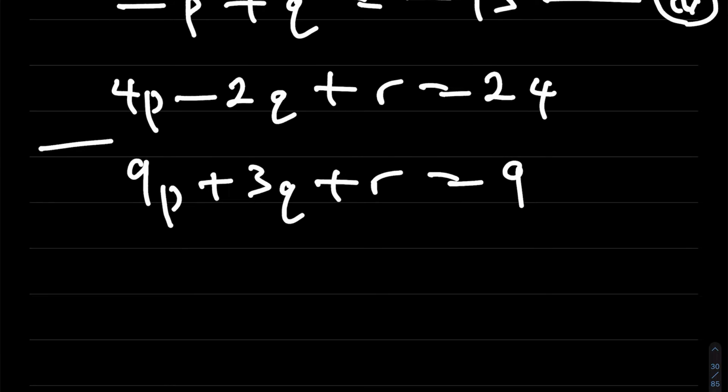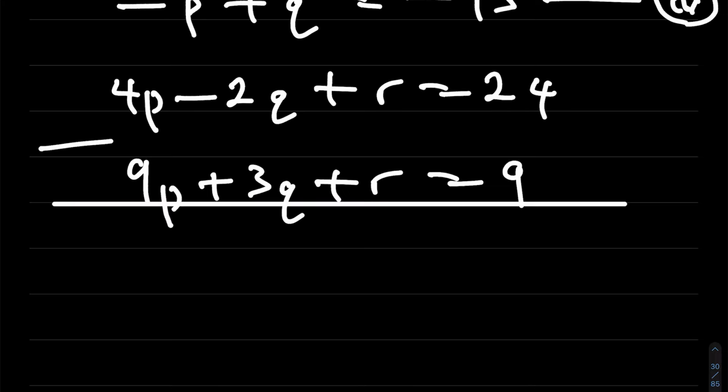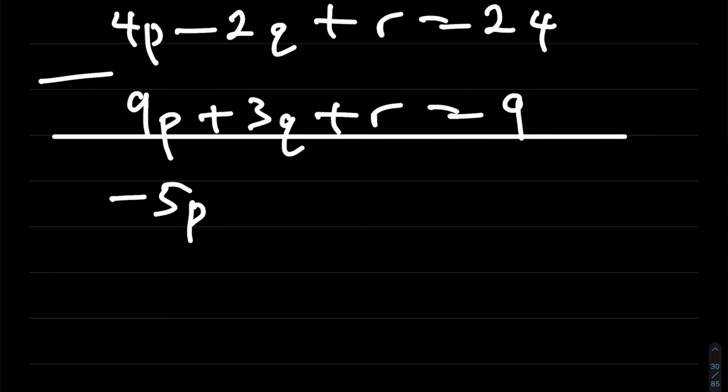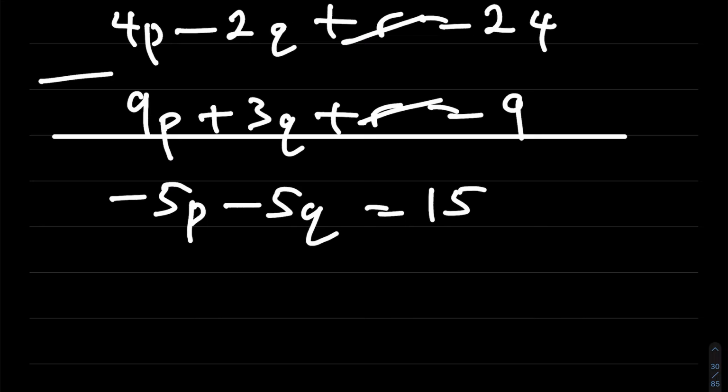I want to subtract just to get rid of r. 4p minus 9p is minus 5p. Minus 2q minus 3q is minus 5q. And then r minus r, that's 0. Equals 24 minus 9. That's 15. I think, yeah, that's correct.